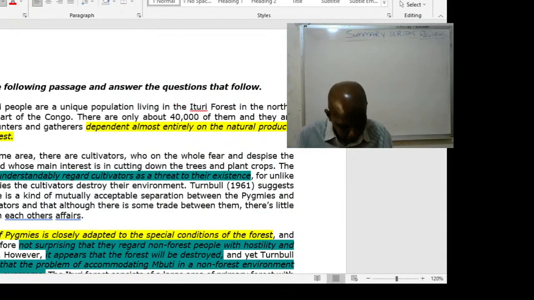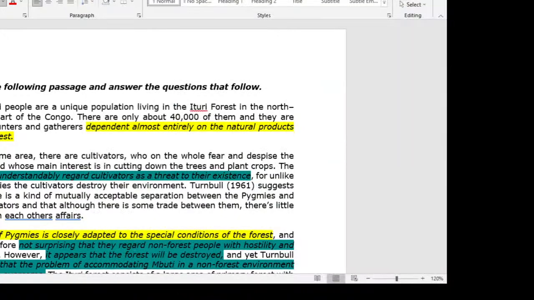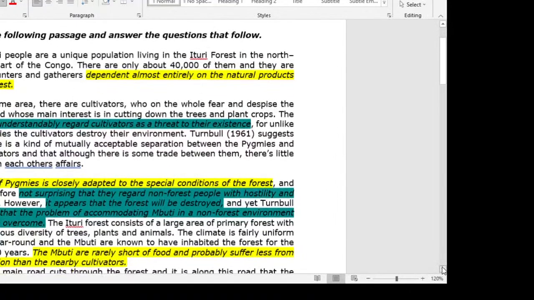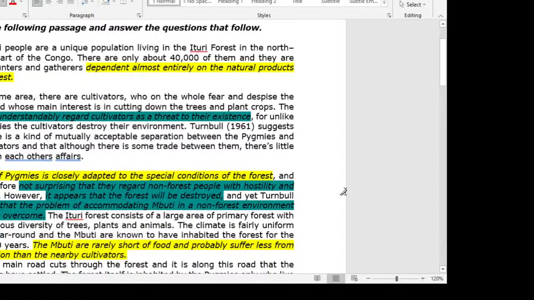What you see in yellow, what has been highlighted in yellow are some of the sections of the points for the first question. Why the pygmies value the forest according to Turnbull. I've tried to give Turnbull's ideas by highlighting in yellow.